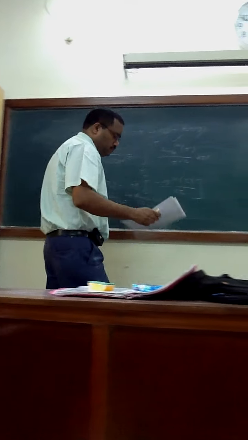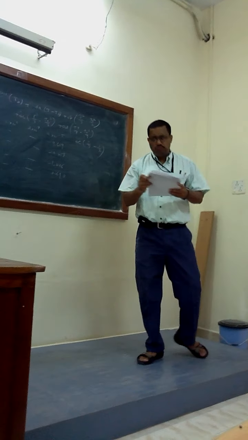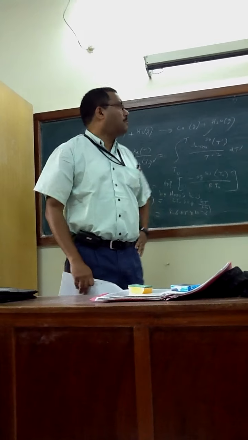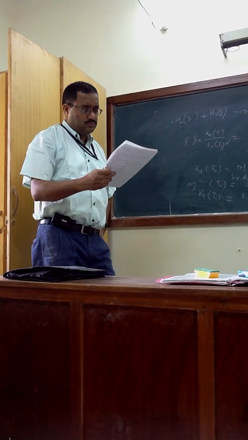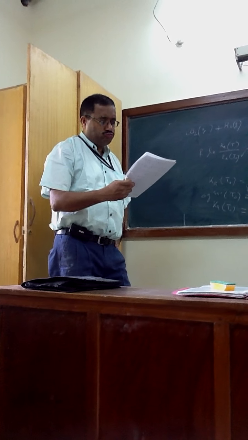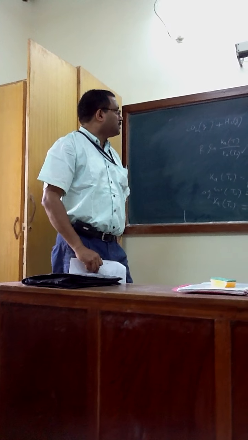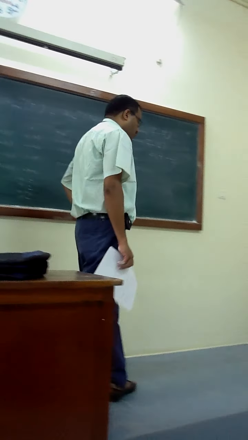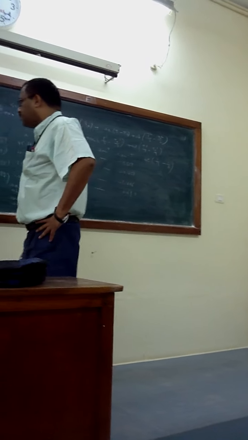Delta A, how much is coming? Remember that here the stoichiometric coefficient is all 1. If they are multiplied by stoichiometric coefficient, calculation may be difficult. Not difficult, you have to properly take care of the stoichiometric coefficient.